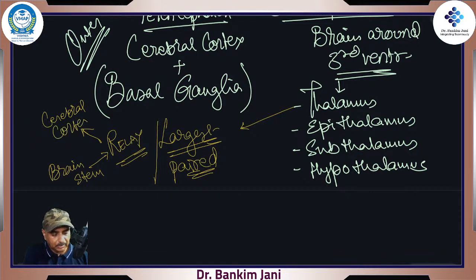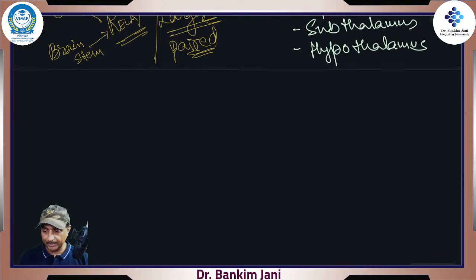Now the thing is, this relay center, the thalamus, is a very fine control, a superb control. That's what we'll watch, how it really happens. What are the nuclei?